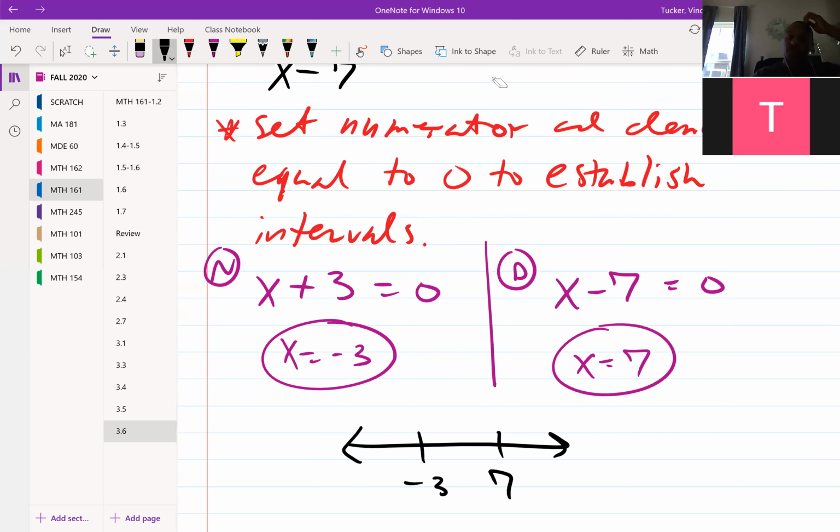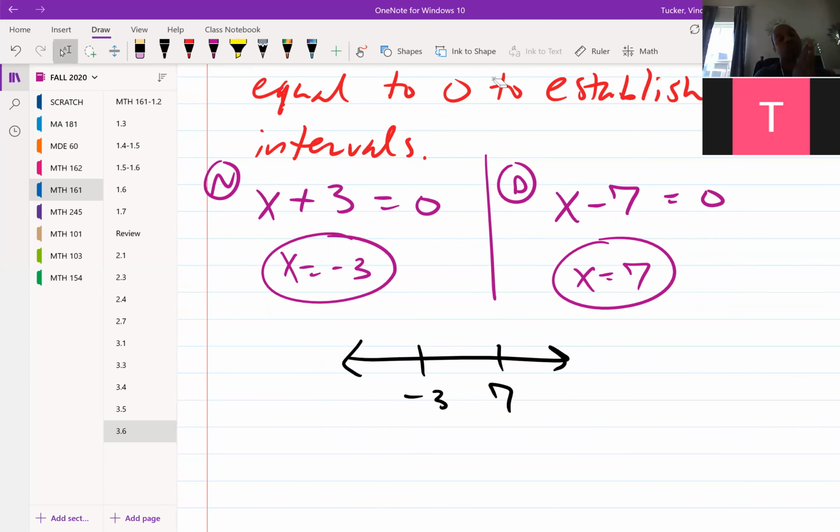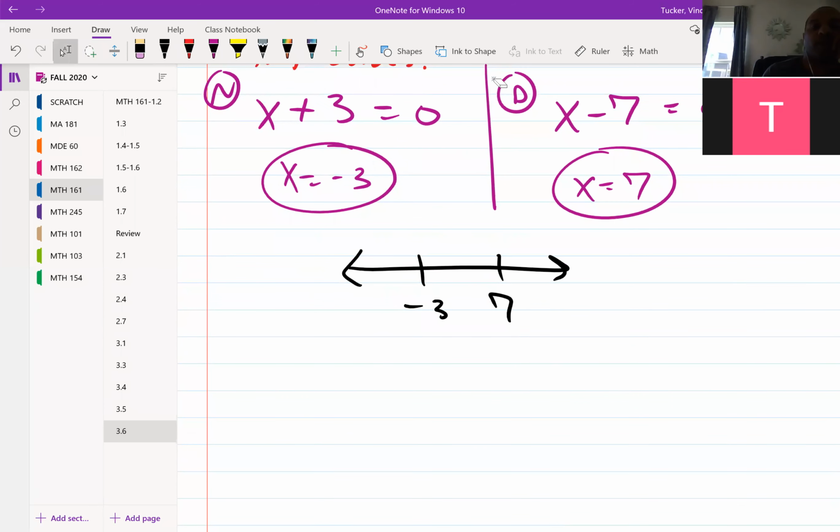All right, questions before we go to the next step? All right, so now we want to set up our chart. We have our values for where it's equal to 0. Set your chart.